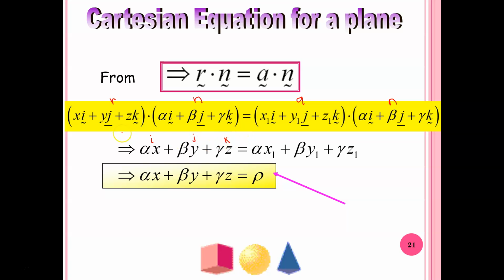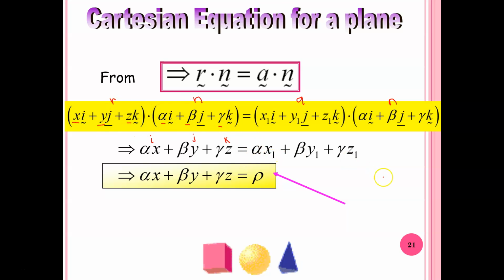You just cari, kembangkan dia punya coefficient. X kali alpha, alpha X. Y kali beta, that's why you get beta Y. And then you get Z times gamma, that's why you get over here, gamma Z. So this is actually the coefficient on the left hand side.